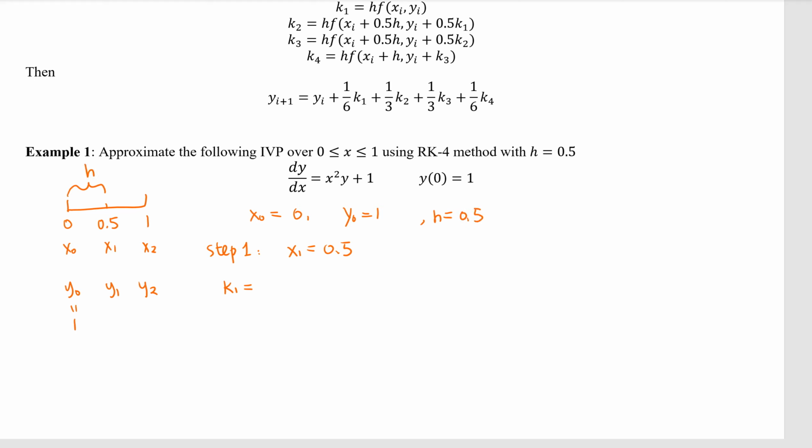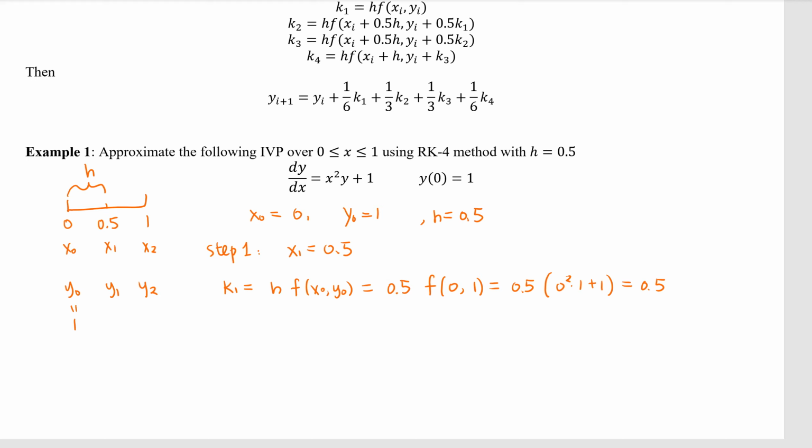So we plug in k1 is h times f of x0, y0. So h is 0.5. f of x0, y0, so x0 is 0, y0 is 1. That is 0 squared times 1 plus 1, the same as 1. So 1 times 0.5 is 0.5.